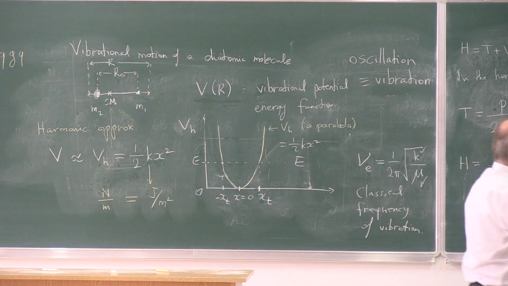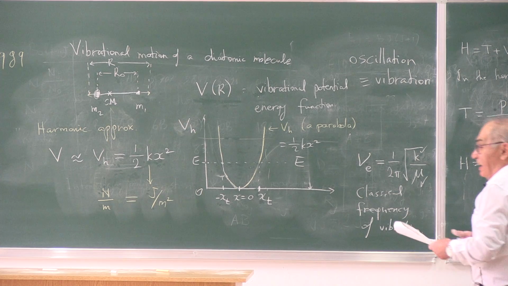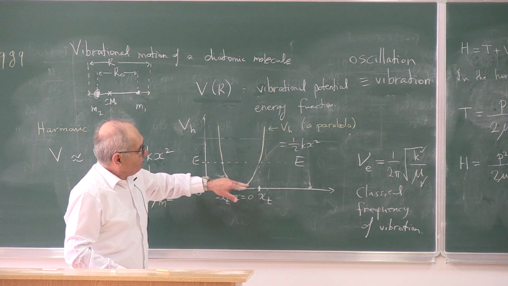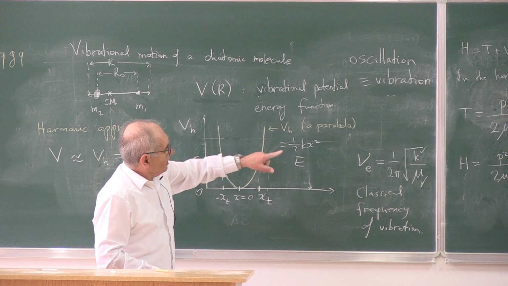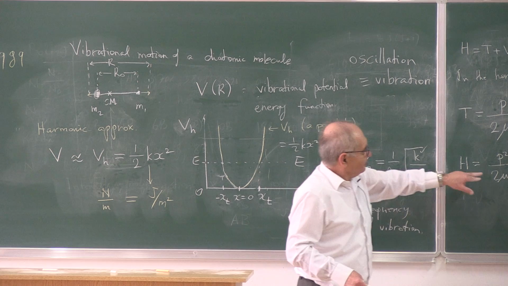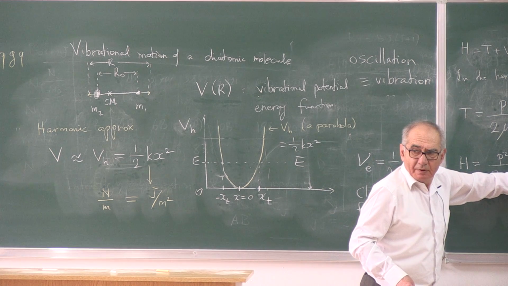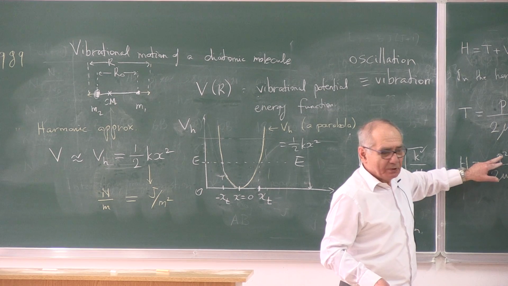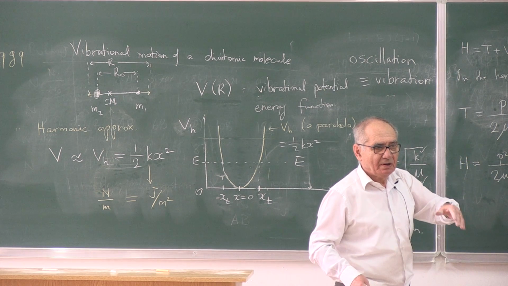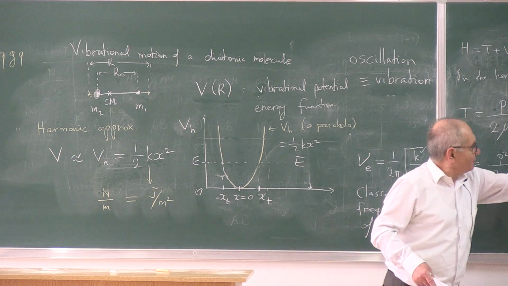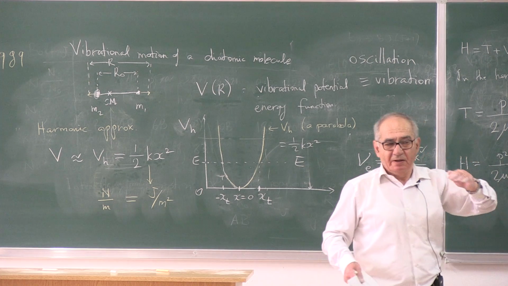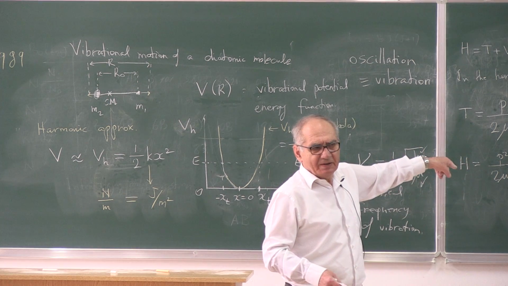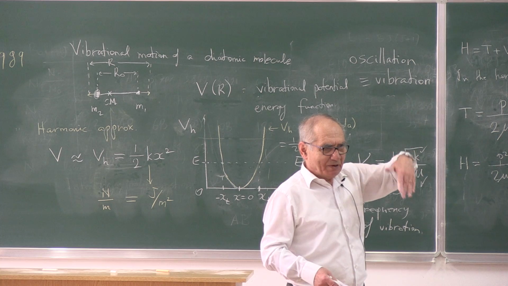Now, before starting that, please note that classically it is possible for x to be 0 and momentum also to be 0. So the 0 plus 0 will give 0, which means the lowest possible value for E classically is 0. Of course, the expression is telling you that all numbers are positive numbers here.